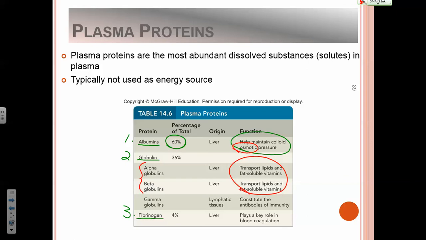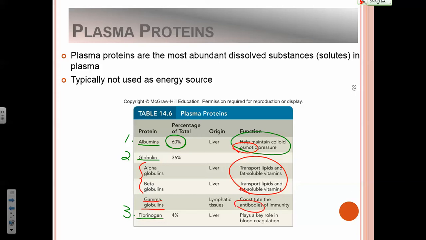That combination is called a lipoprotein, and alpha and beta globulins are involved in that. They transport any lipid-soluble substance, cholesterol, triglycerides, phospholipids, lipid-soluble hormones, lipid-soluble vitamins, all that kind of stuff is transported by alpha and beta globulins.